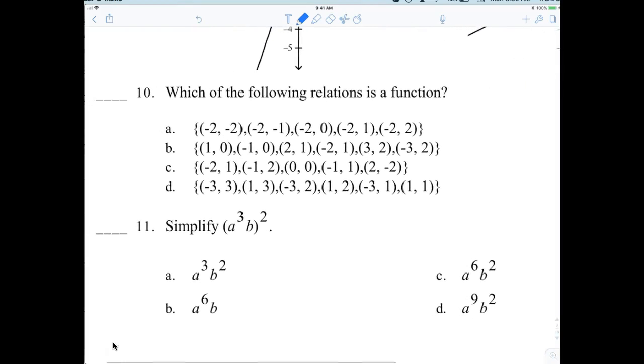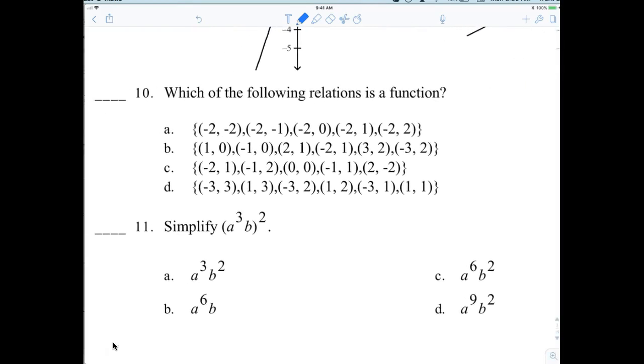Which of the following relations is a function? So if you forgot this, make yourself a note. All x values must be different. All x values must be different. All right? So -2, -2, that's not going to work. 1, -1, 2, -2, 3, -3.